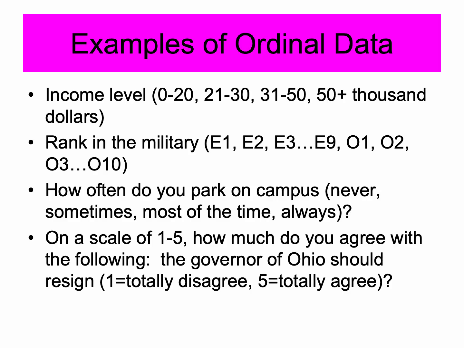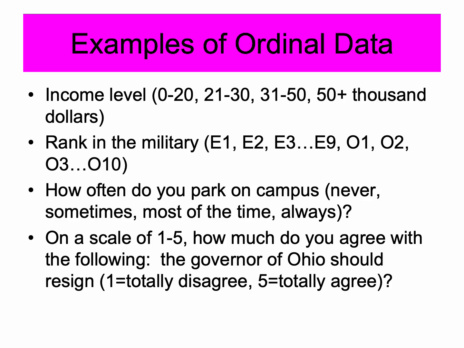Other examples include income level. When we're measuring income in terms of categories, we often get surveys like this where we're asked how much do you make or how old are you, and they'll give us these categories.